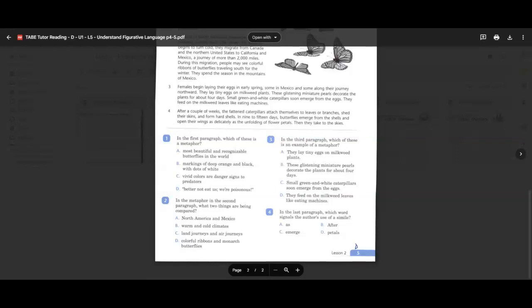You just need to jot down your answers, and then we're going to check them here in a second. Yeah, I think if you open it in Adobe, I think you can write on it. Oh, I didn't know that.